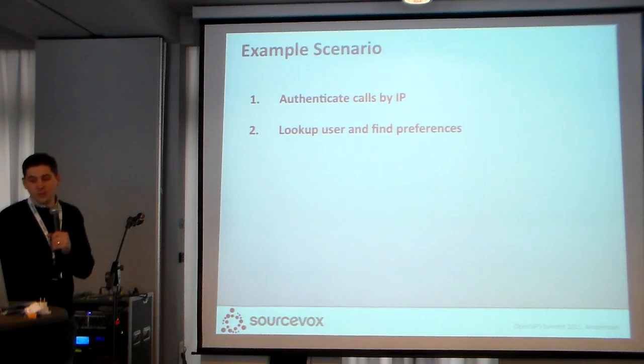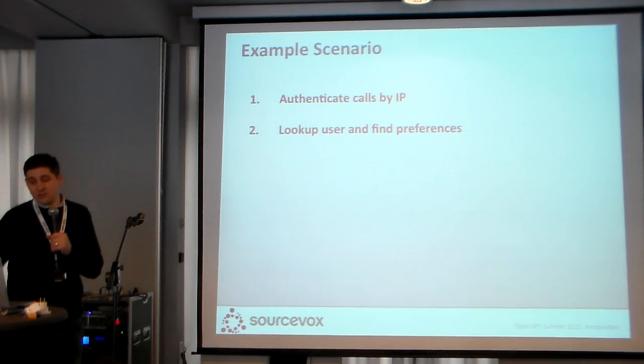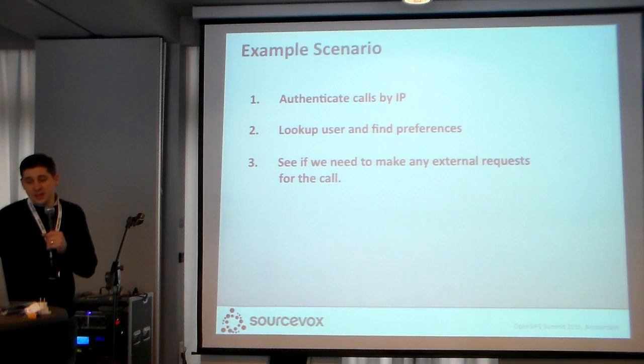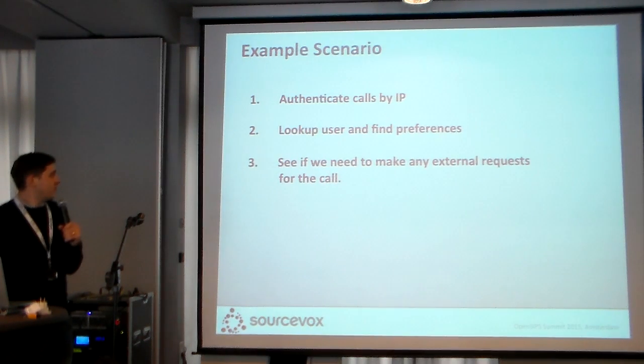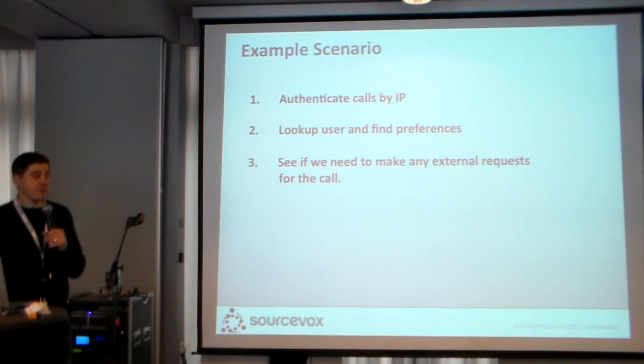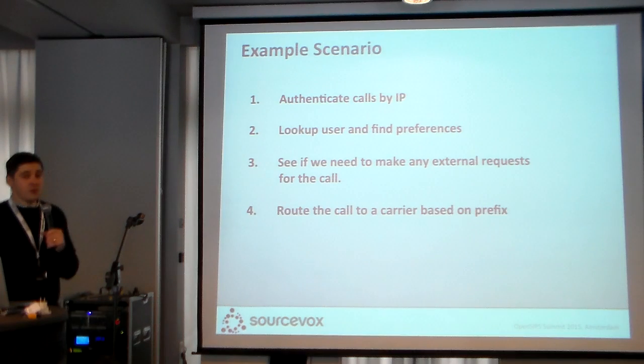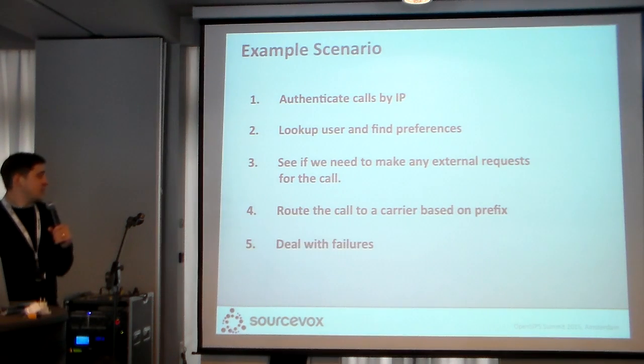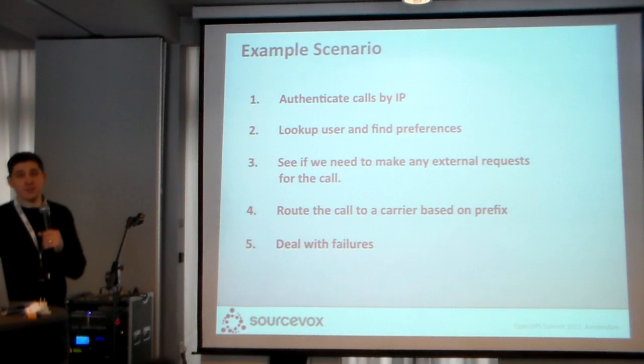We then want to look up the user and find the user preferences. And then we want to see if we can make any external requests for the call, for example, any requests outside of OpenSIPS to get some more information. And then we'll route the call to a carrier based on the prefix and also deal with any failures that might happen along the route.